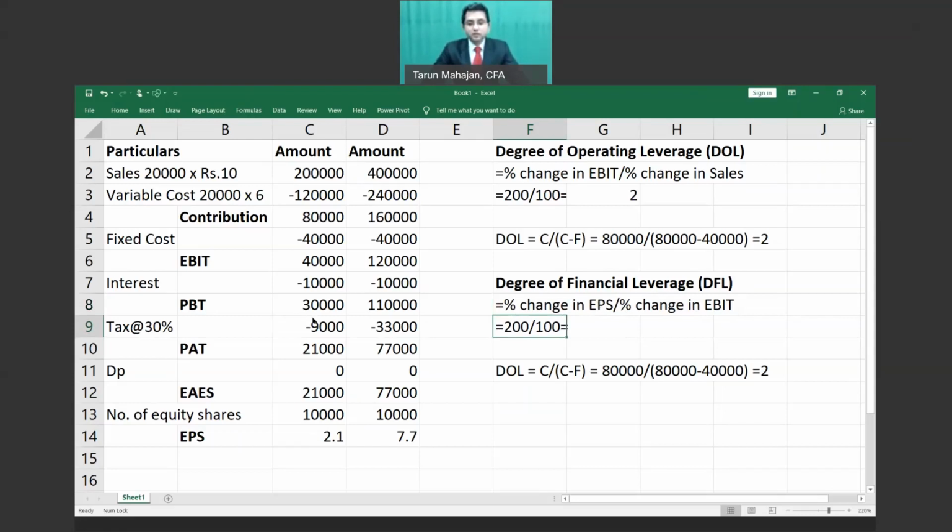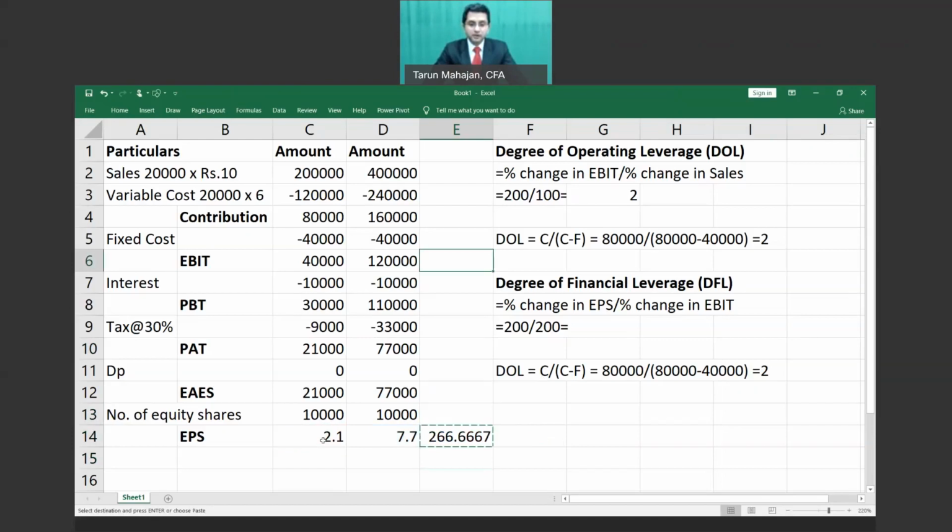So here, if I try to calculate the percentage change, look, EBIT is going up from 40,000 to 1,20,000. That is a 200% change. And EPS, if I calculate percentage change, I'll calculate in this column. Calculating percentage change is simple. I'll take 7.7 minus 2.1 multiplied by 100 and then divided by the base number 2.1, 267%.